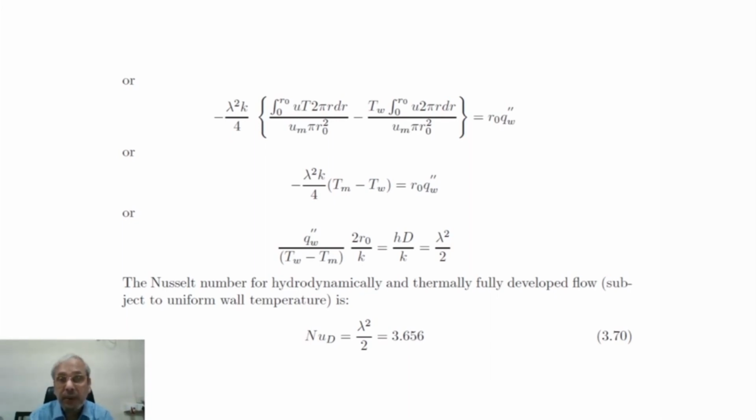And today we have obtained for uniform wall temperature condition, it is 3.656. So for uniform wall heat flux condition, the Nusselt number based on diameter is 4.36, and for uniform wall temperature condition, it is 3.656.